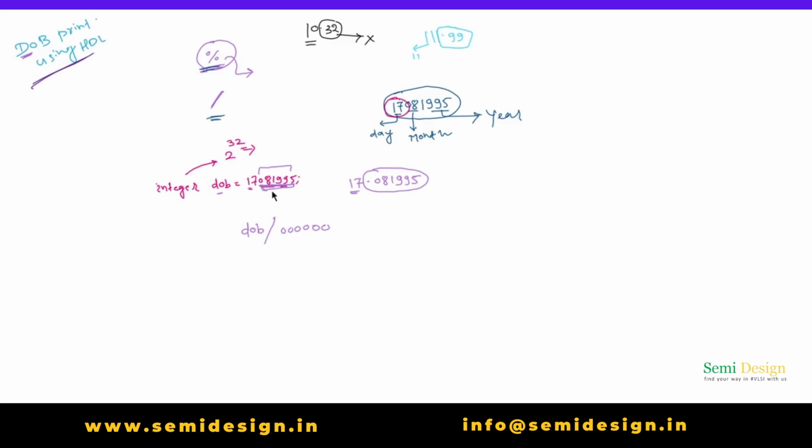We want to truncate those digits and put 1 on the MSB side. Assign this to, for example, day, and you need to declare that integer day. Very simple. When you display this, you will get 17 at the output. This part will be truncated.